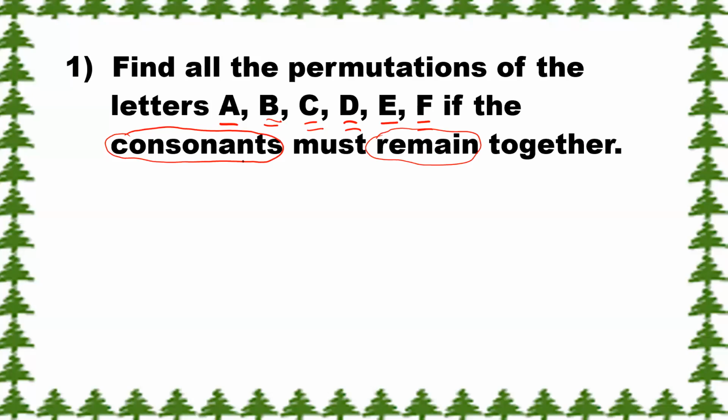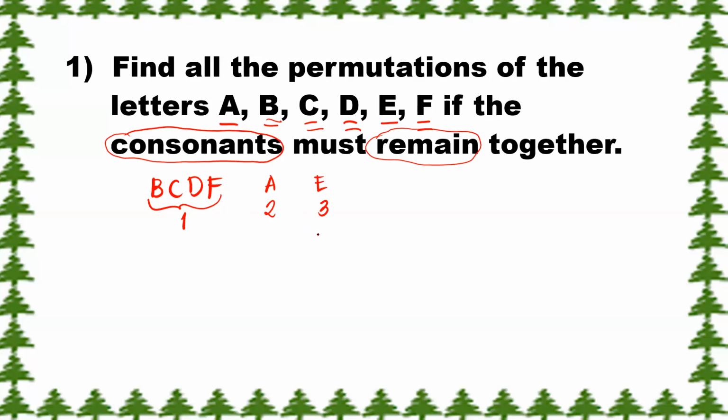So to do that, let us say that you have B, C, D, and F. Then they must be together. If that is the case, we will count them as 1. Okay? Then A and E, individual sila. So, all in all, we have how many letters na i-consider natin? We have this as one group, and we have A and E. All in all, we have 3 letters.